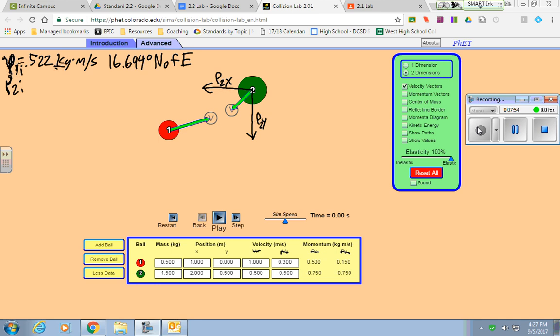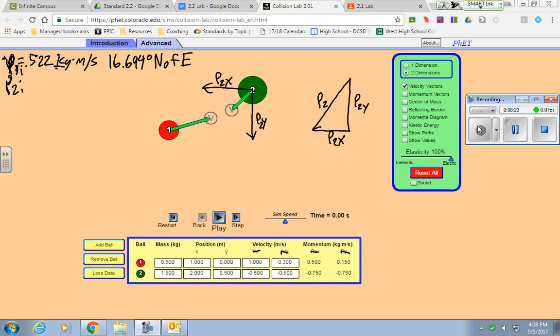So now we're going to make a triangle out of this, and we have our P2y, our P2, and our P2x there. Pythagorean theorem, and I'll solve for that.